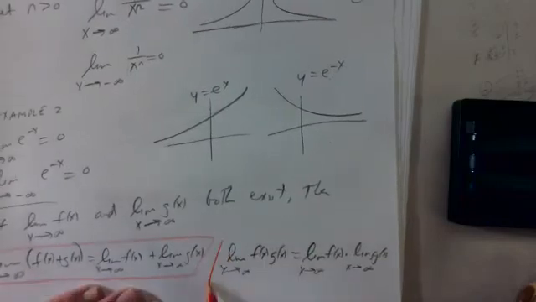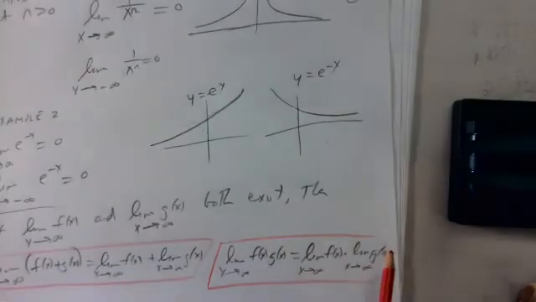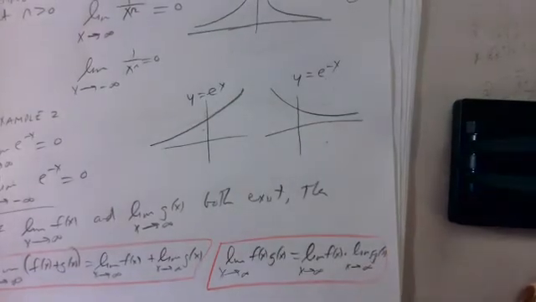So if you have two functions, f and g, and their limits as you go to infinity both exist, the limit of the sum is the sum of the limits. The limit of the product is the product of the limits.